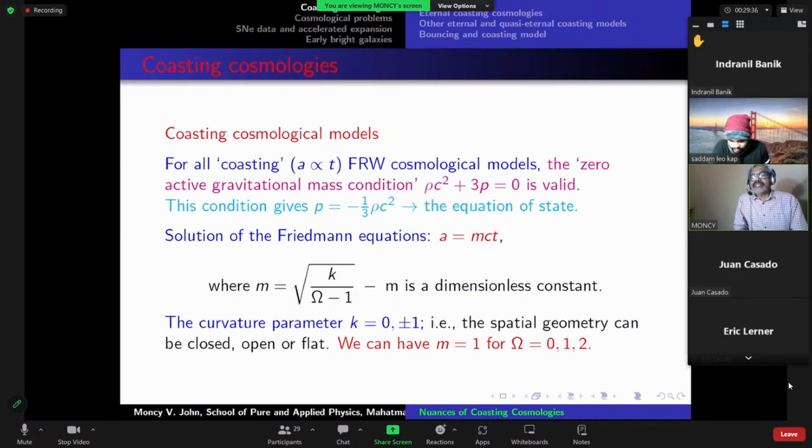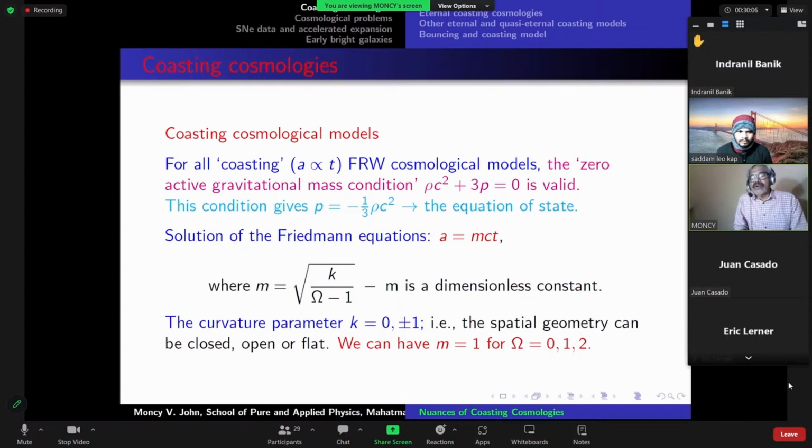So the early universe, as per the lambda CDM model or the eternal coasting model, is yet to be worked out because, in my opinion, in this particular case, all the components in the cosmos vary as a to the power -2. So that is the basic ansatz we have used to arrive at the eternal coasting model.